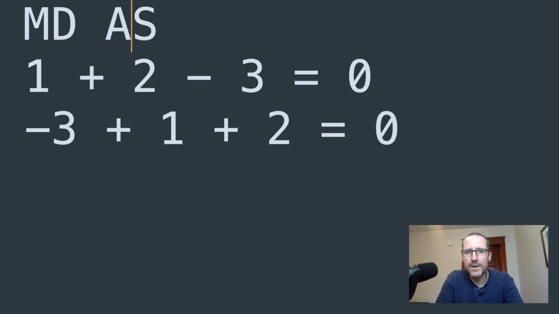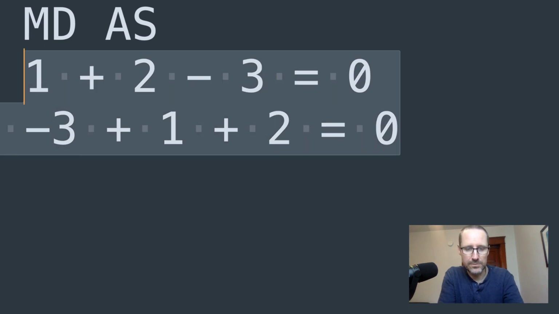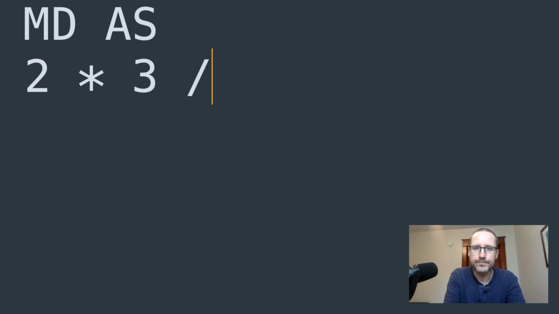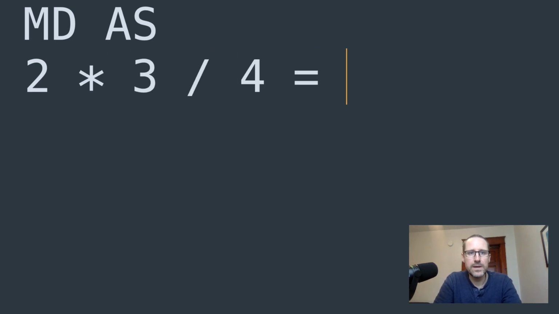So multiplication and division is actually the same thing as well. Multiplying by 1 is boring, so let's do 2 times 3 divided by 4. Kind of a weird one, but that's okay. So 2 times 3 is 6. 6 divided by 4: 4 goes into 6 one time with 2 left over, so that'd be 2 over 4, and 2 over 4 is 1/2, so that'd be 0.5, half of $1, 50 cents, right? So we'd say that's 1.5.